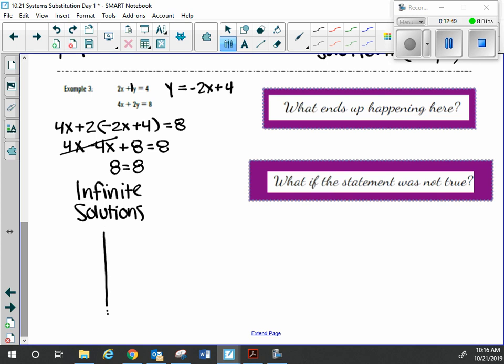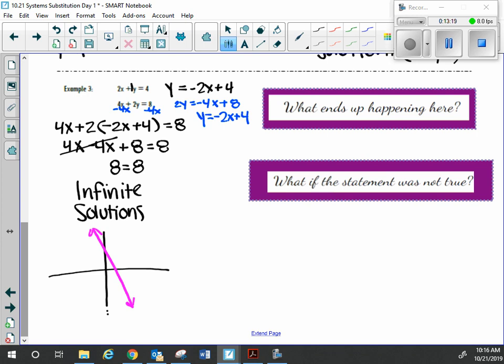Because here's what's interesting about this. If you graph the first one, you solved it for y, right? -2x plus 4. That line looks like this. If I solve the second equation for y, -4x minus 4x, what do I get when I divide everything by 2? -2x plus 4.